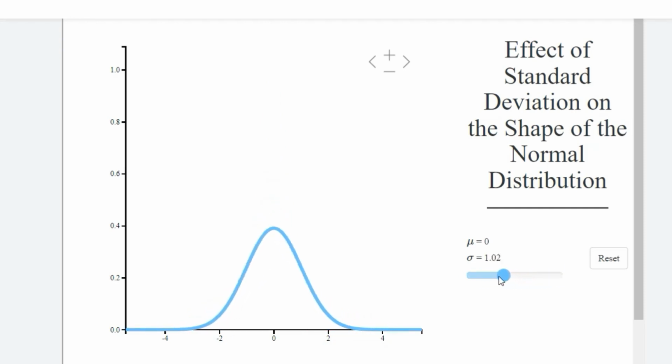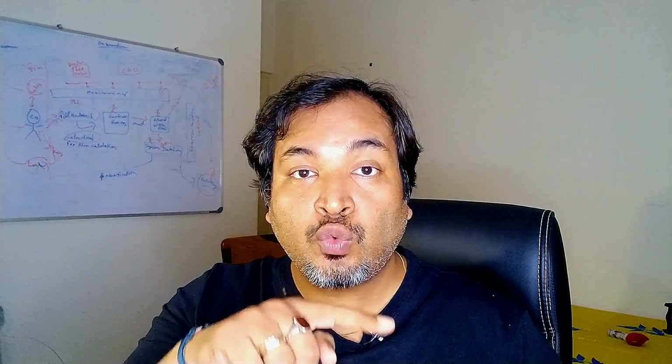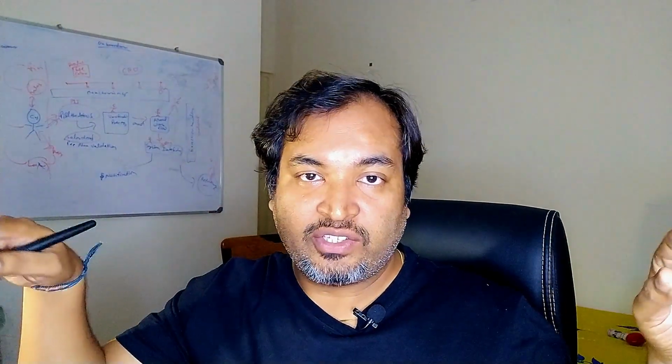So if you have a low standard deviation, most of the values are nearly around the mean. In a high standard deviation, your values are distributed over a wider range, so your bell curve would be wider in that case.